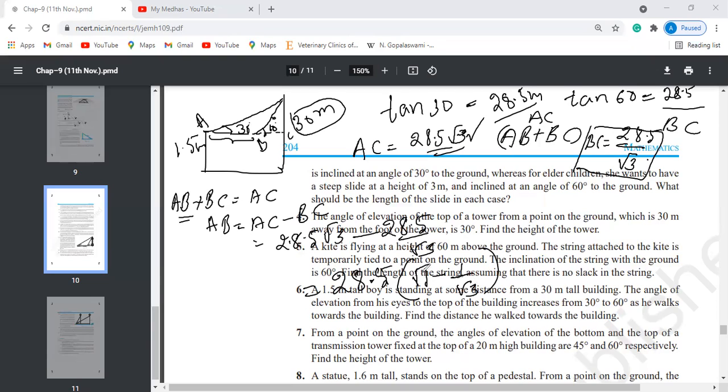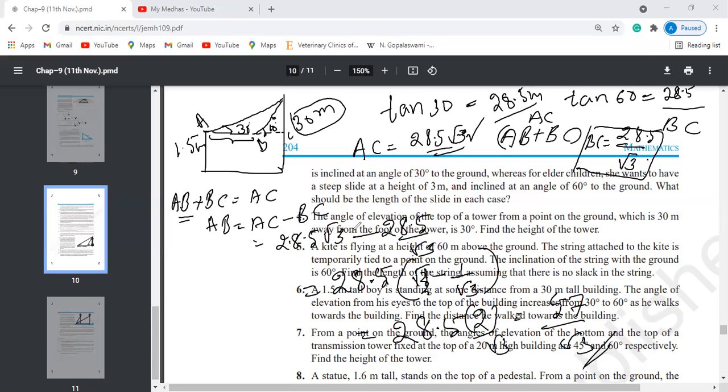Solving, 28.5 into root 3 into root 3 is 3, so 3 minus 1 is 2, by root 3. Or 28.5 times 2 is 57, so 57 by root 3 is the answer.